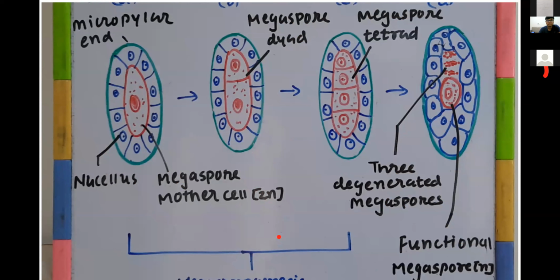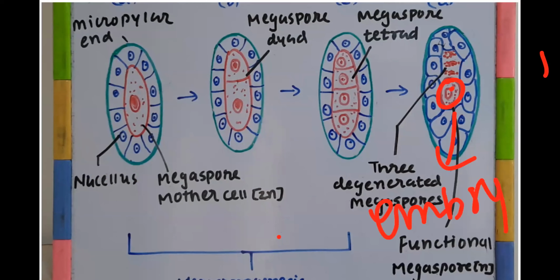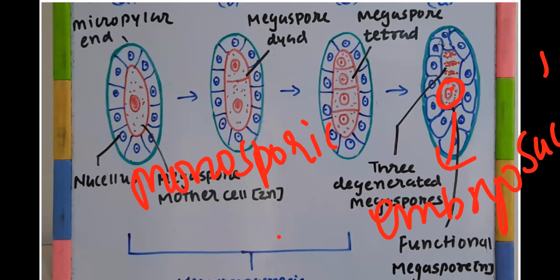That one left is a functional megaspore. When the embryo sac or female gametophyte develops from that single functional megaspore, that process is known as monosporic development.